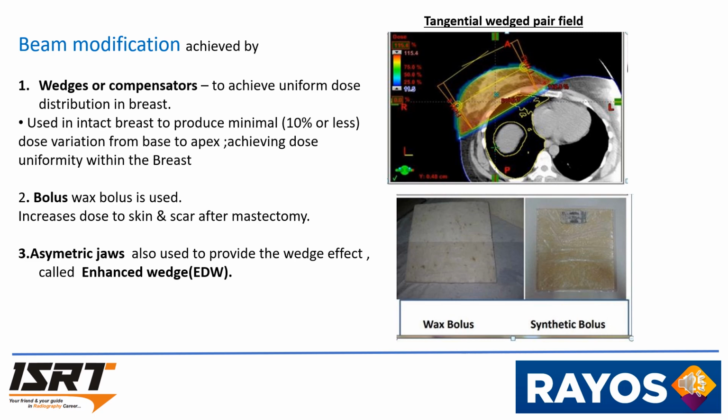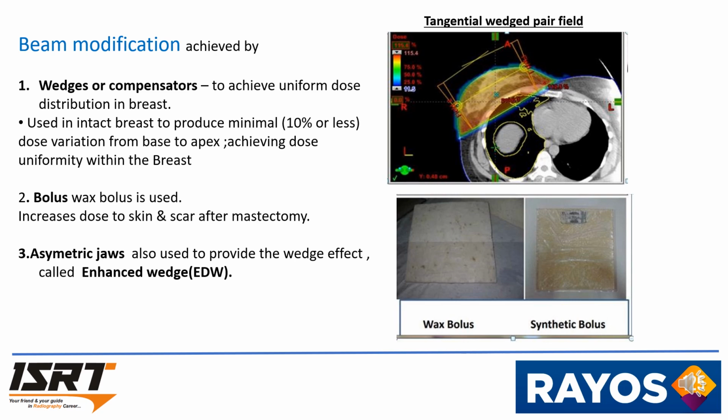Wedges are compensators to achieve uniform dose distribution in breast, used in intact breast to produce minimal, that is 10% or less, dose variation from base to apex, achieving dose uniformity within the breast. In bolus, wax bolus is used.